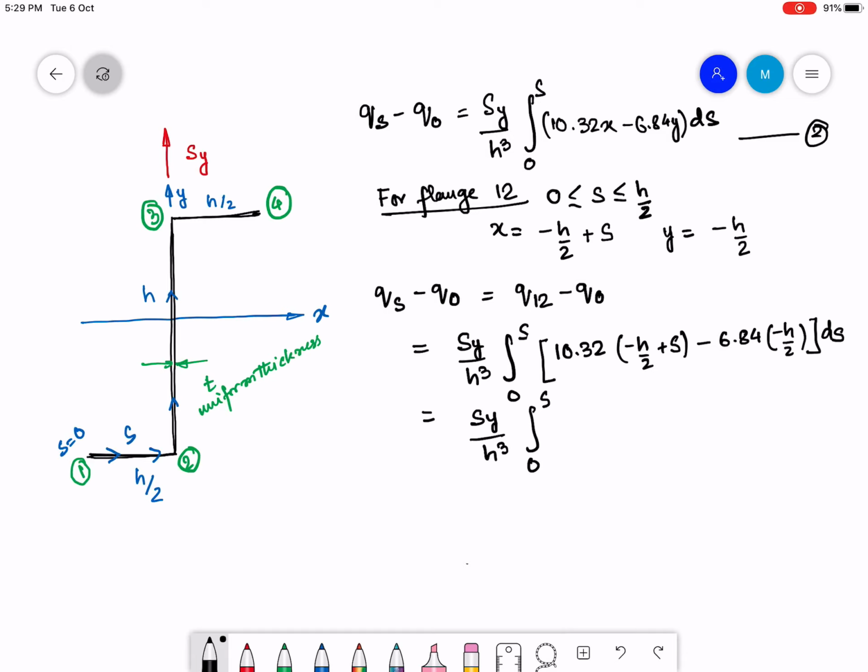So 6.84 minus 10.3 is going to be 1.74, yes, divided by 2 is going to be 1.74.